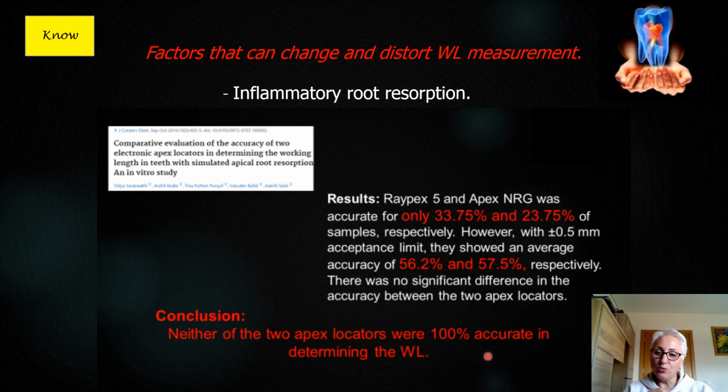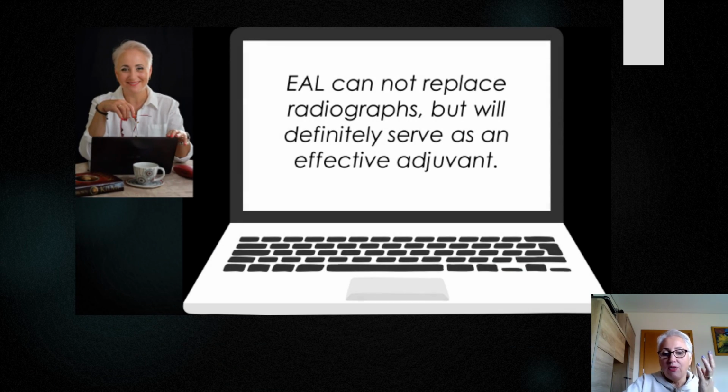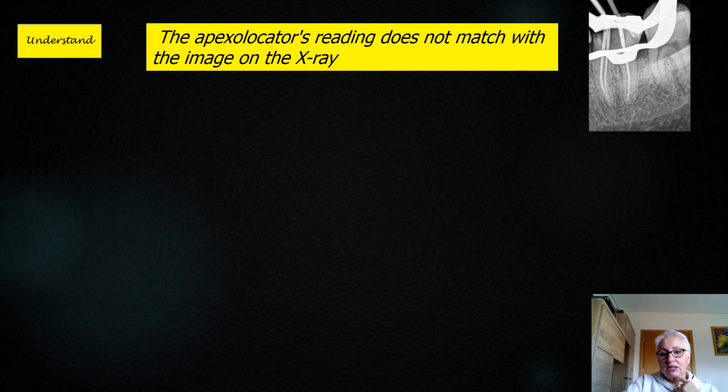As I showed you on that slide before, the accuracies range from 63% to 95%. So if we have inflammatory root resorption, the accuracy is dropping. The electronic apex locator cannot replace the radiograph, but it will definitely serve as an effective adjuvant.